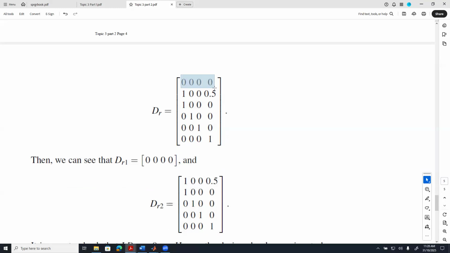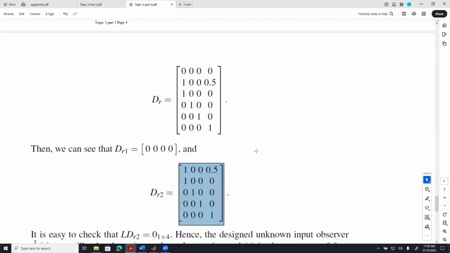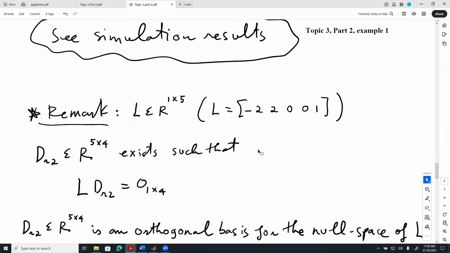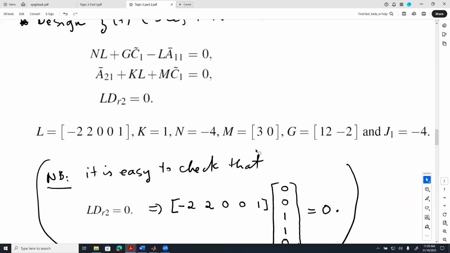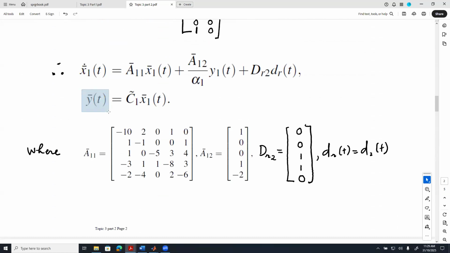DR1 is a zero row here, which is a zero row matrix. And that one there, have a look at that. It has 4 independent columns. Rank is 4. So in this situation, there are 4 unknown inputs. And those 4 unknown inputs are more than the output measurements. The output measurement available here is only 2, but we could have up to 4 unknown inputs.